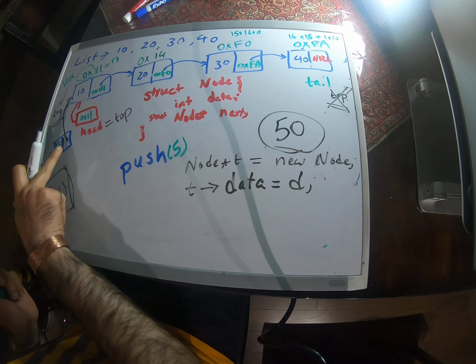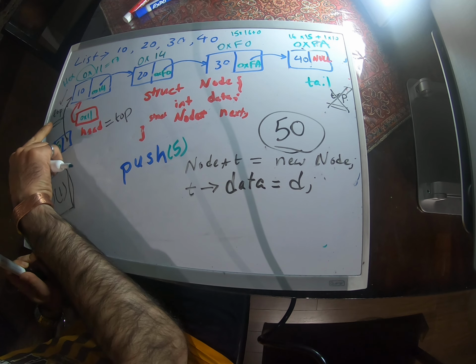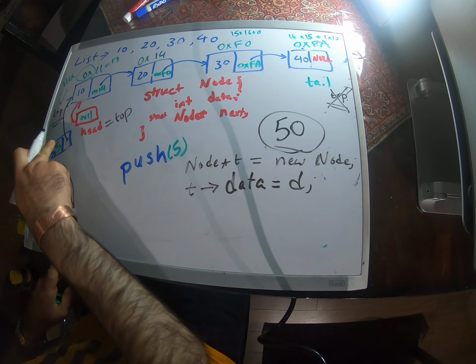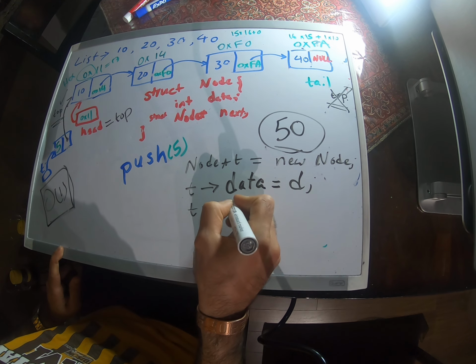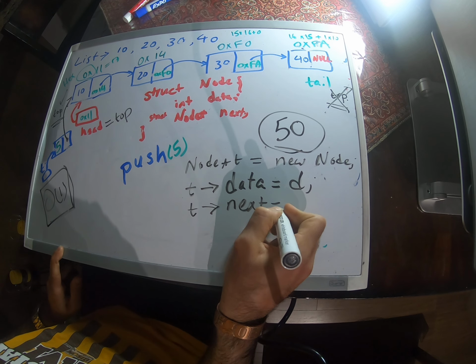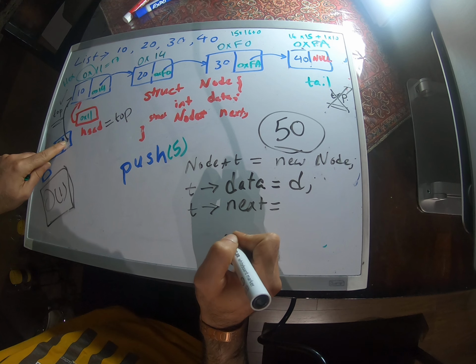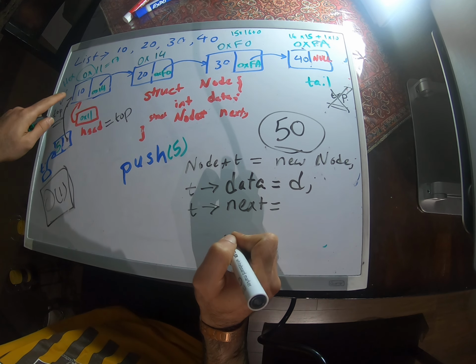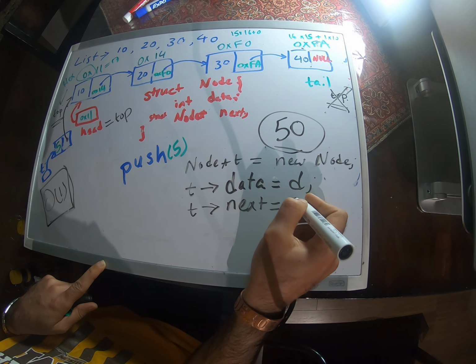And then we want to make this pointer point to the previous head of the linked list, or the previous top of the stack. So t arrow next is equal to head, which is also the top.